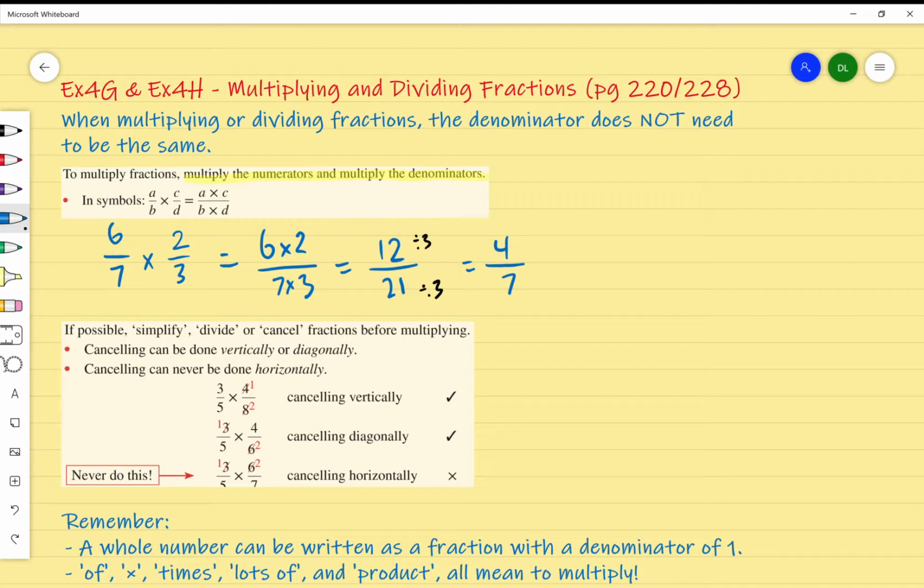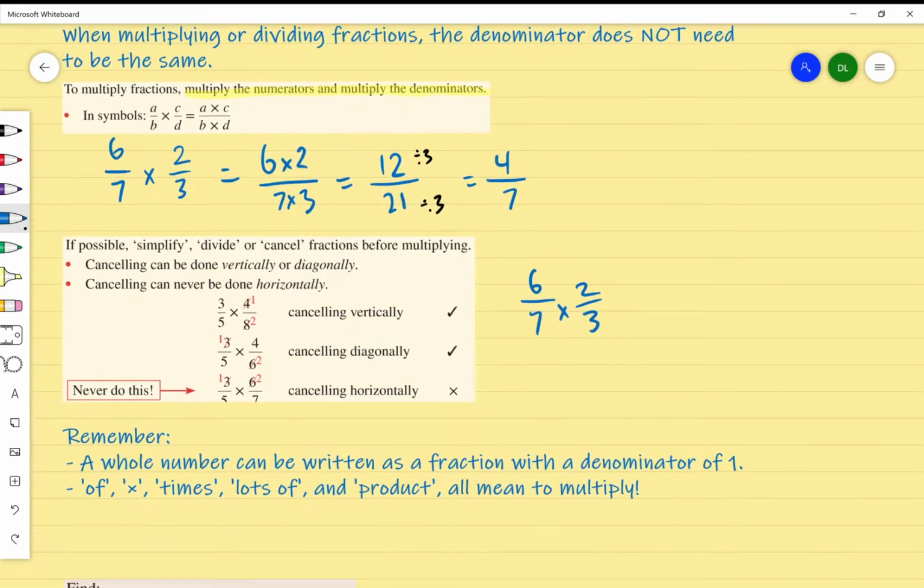Now the issue is we actually can simplify earlier on. So what I've done is simplify at the end. What if I had 6/7 times 2/3? I can actually simplify it from this very stage. And if you look on the left over here, it says, if possible, simplify, divide, or cancel fractions before multiplying. So we can cancel vertically or diagonally.